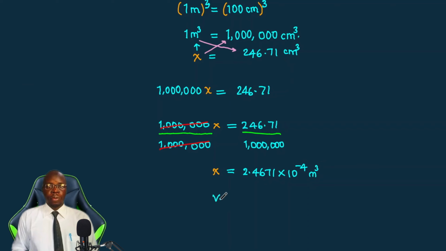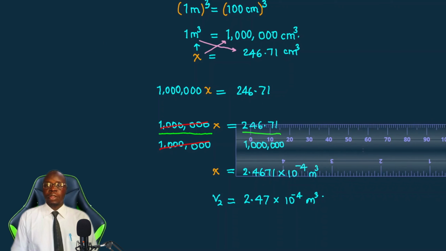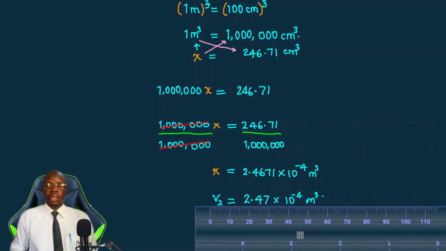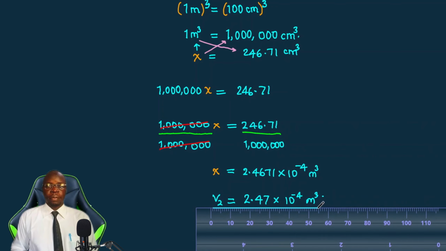Therefore, our volume 2 is that value, and we can reduce this to 2 decimal places. So we have 2.47 exponent -4 cubic meter. So this is our answer for the third question.